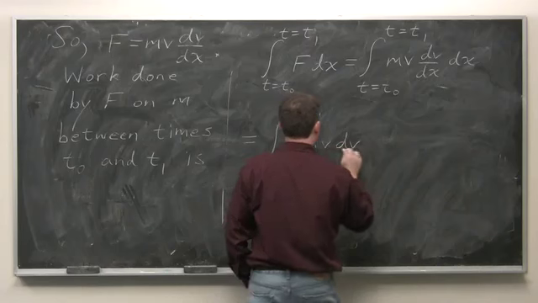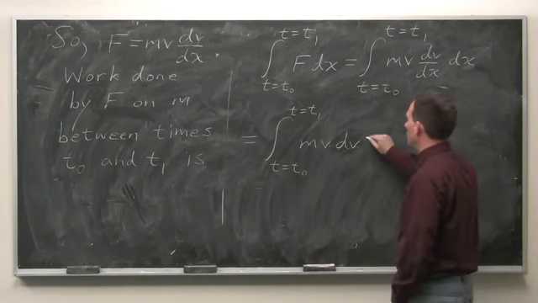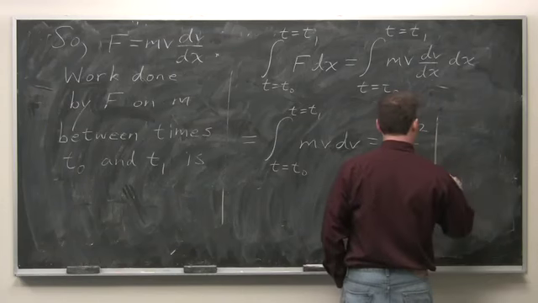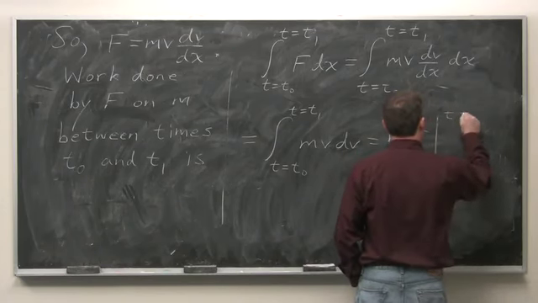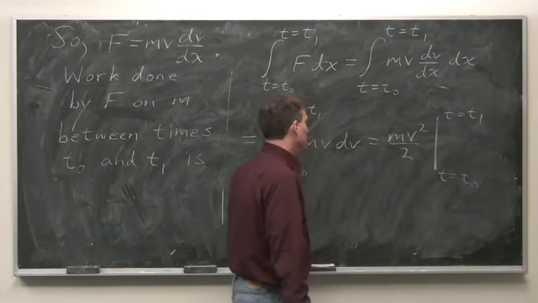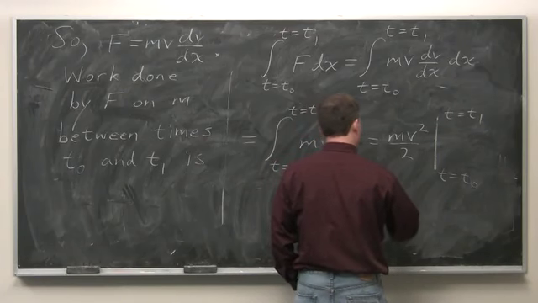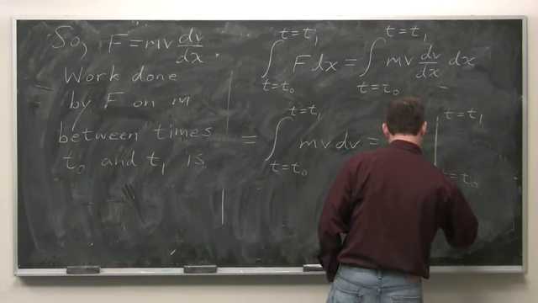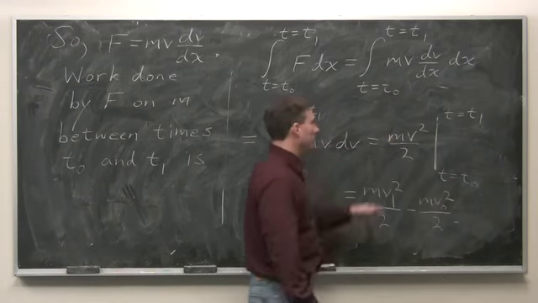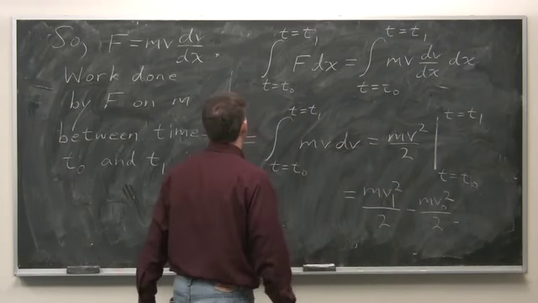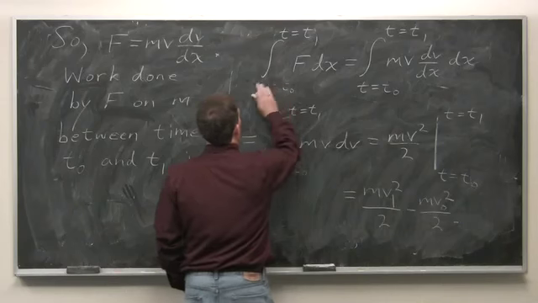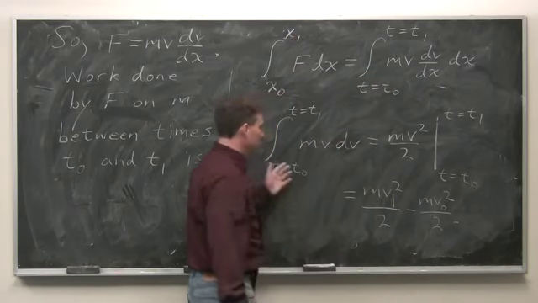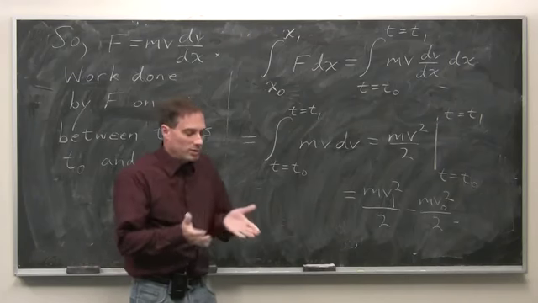But m is a constant, and the integral of v dv is v squared over 2. This is mv squared over 2, evaluated between t equals t0 and t equals t1. So you get m times v1 squared over 2 minus m times v0 squared over 2, where v1 and v0 are the velocities at times t0 and t1. So what does this say?